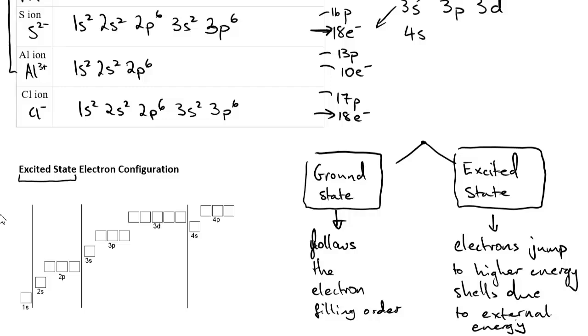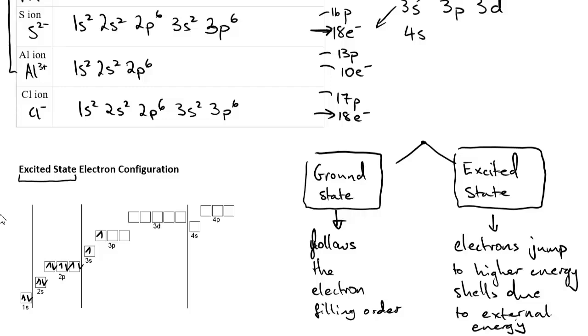So there's external energy, maybe there's light or some kind of thermal energy, etc. I'm just making up an example. So maybe you have this kind of filling order. And there's an electron filling that one, but then another electron jumps to here.